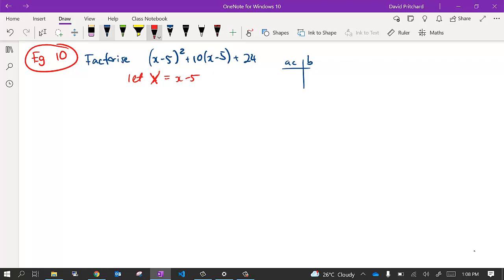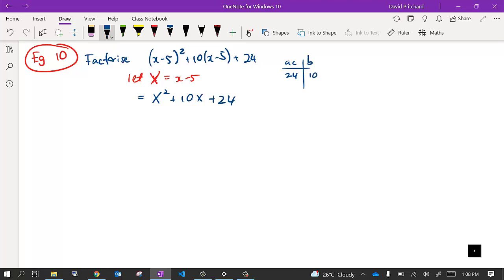And that makes it easier for them to see that this is a quadratic. So we can say, well, that's actually super x squared plus 10 super x plus 24. Now, when we do that, the quadratic's easy to see, obviously. Super x has come to the rescue, and we've got 24 as AC, and B is 10.